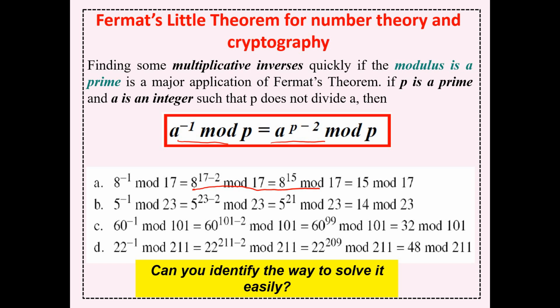The first thing to consider is that this to the power minus 1 needs to be reduced to p minus 2. That's why this to the power minus 1 has been converted to the power 15. That's the first step. We need to remove that inverse. You will find that Euler's theorem also does the same thing, except using a different formula where there will be a Phi-Function. That's it, nothing else.